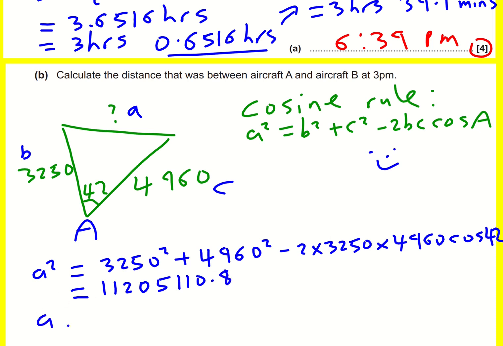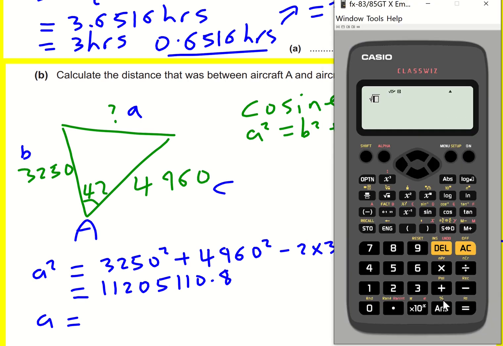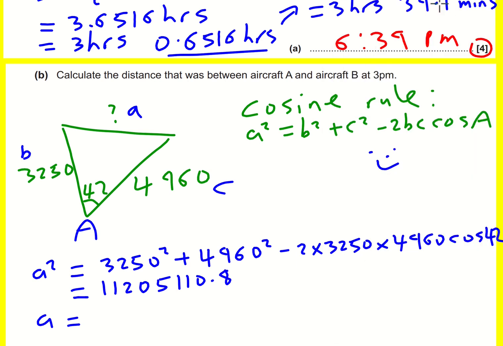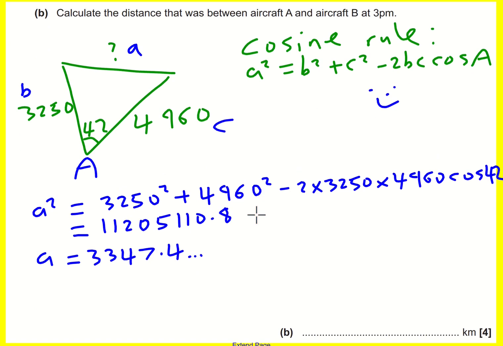That is the square of a though, so I need to just then square root it. 3347.4. Okay, we've written it down pretty exactly. Just as a final answer, I'm going to round it to 3 significant figures, 3350 kilometers.